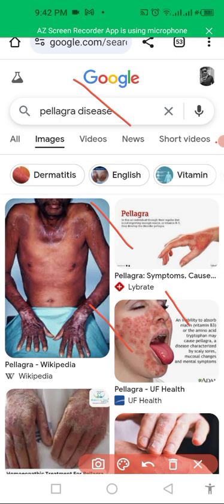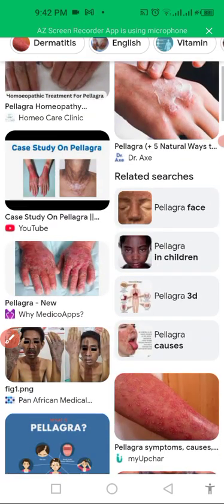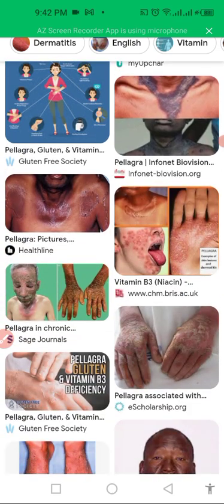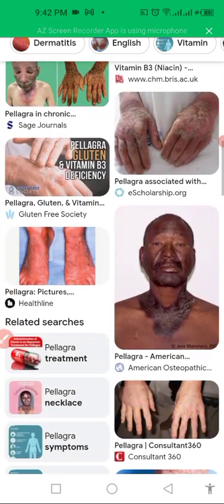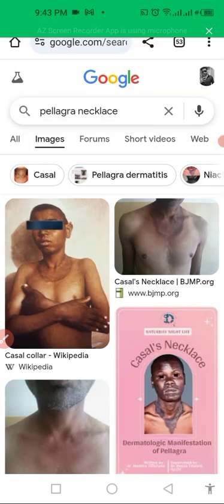As you can see, skin is involved. Severe dermatitis can occur because of niacin deficiency, and it is known as the pellagra necklace.